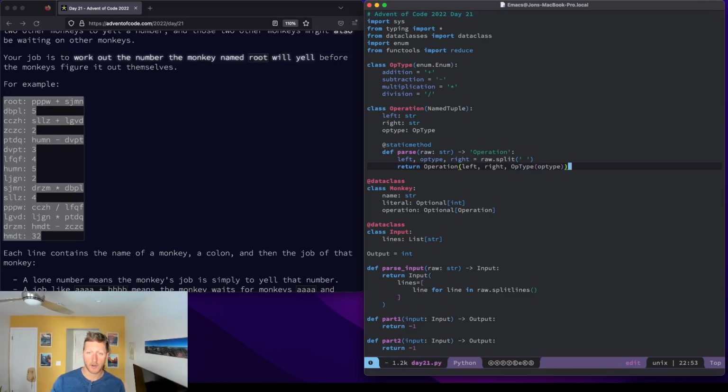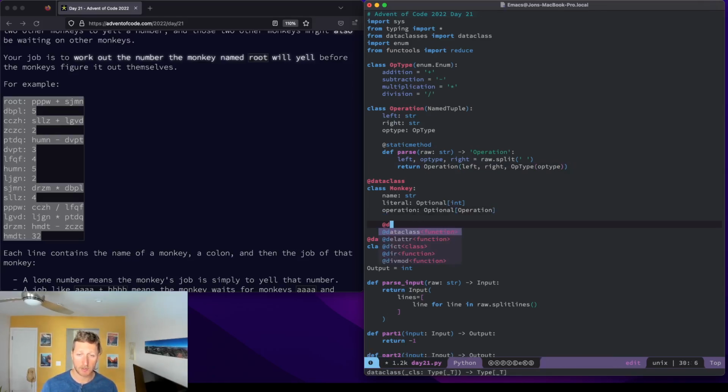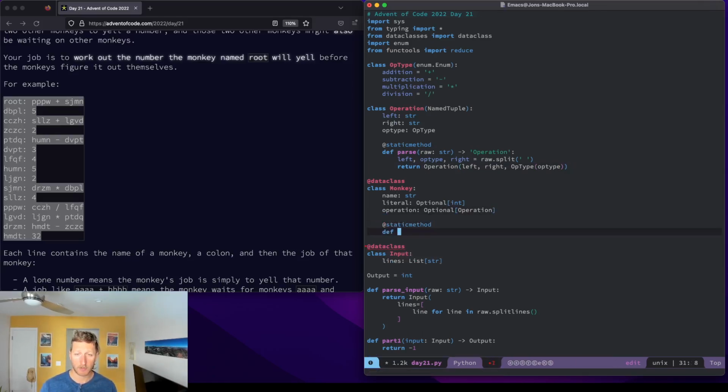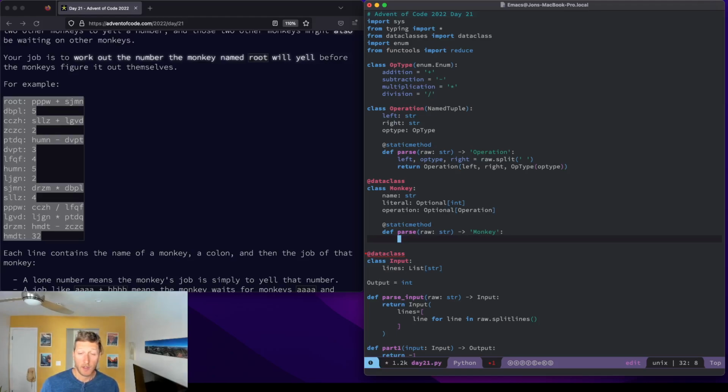Nice, that all works. And then class monkey needs a static method, def parse raw str to monkey, and we do name, statement equals raw.split on, this time it would be colon space.